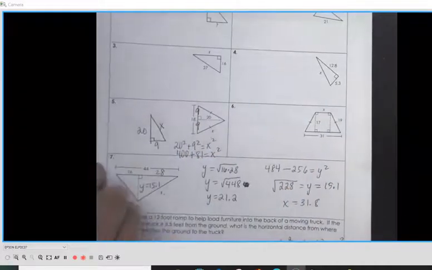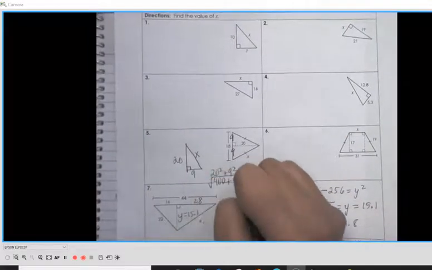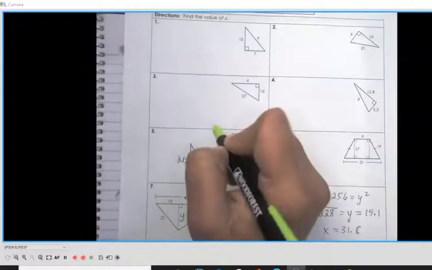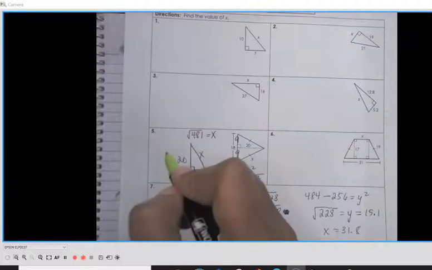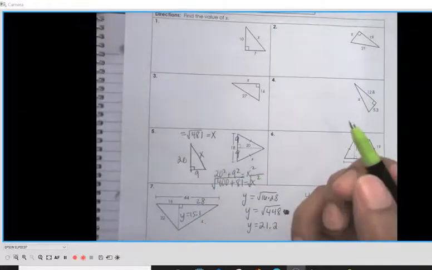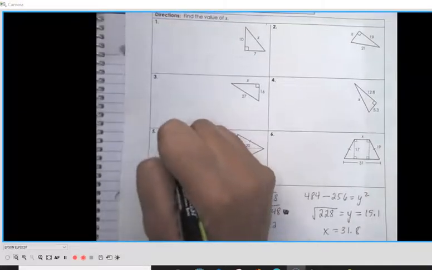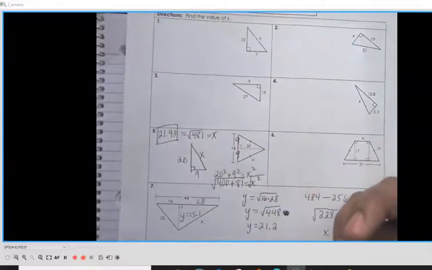So basically I'm saying that x is equal, again, you got to take the square root of this side and that side. So to find x, it's the square root of 481, which I'm going to just type in the calculator. 21.93. Okay, this is the value of both of those sides.